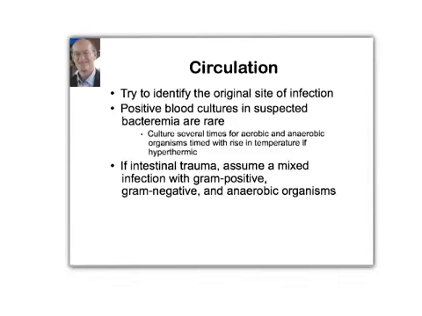If you have intestinal trauma, you can assume you have a mixed bag of gram-positive, gram-negative, and aerobic organisms. This generally leads to what we call the use of four-quadrant therapy to address all of these organisms.